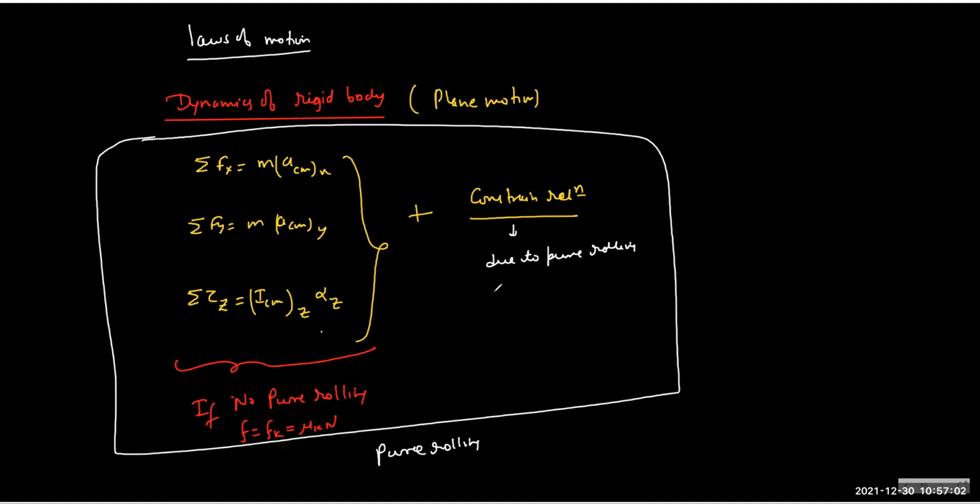We have done this part so far, and the problem is that in pure rolling the friction will be static and there is no formula for it. So don't write any formula. Until it is the limiting case, we cannot put mu s into it. This is not equal to mu s into N. This is only for the limiting case.